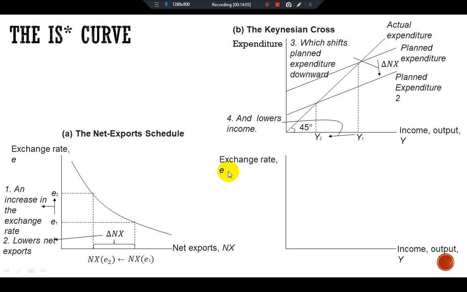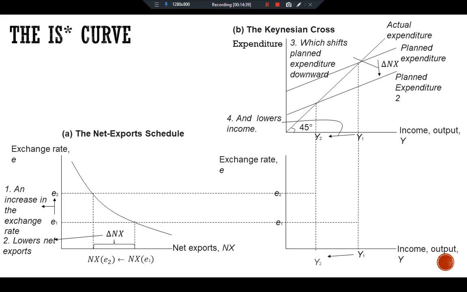So if we take this exchange rate to this part, we have E1 with national income Y1, and with an increase in the exchange rate, we take this to this part, we have exchange rate E2 and a depressed national income from Y1 to Y2.